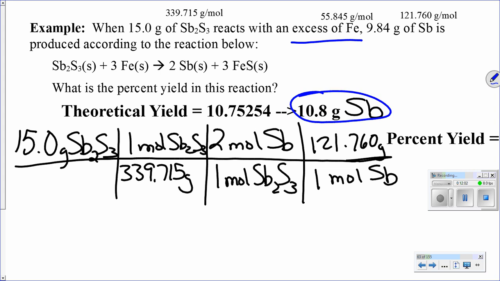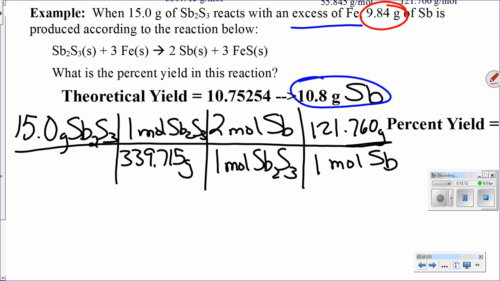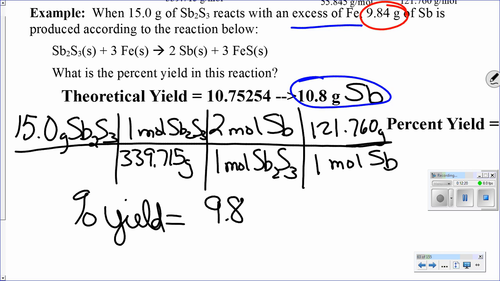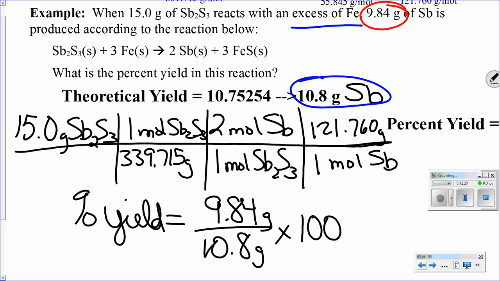Now, it is telling us in the problem that we actually produced 9.84 grams. So our actual yield, so we're going to look at putting for our percent yield, we're going to put our actual yield of 9.84 over our theoretical yield of 10.8, those are each in grams, and we're going to multiply this by 100.